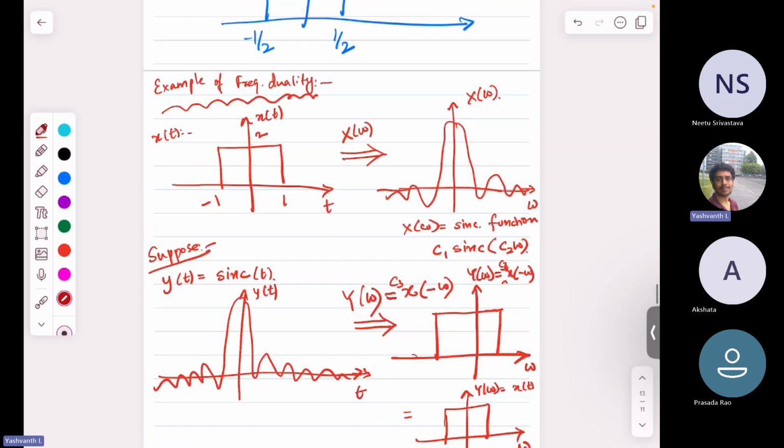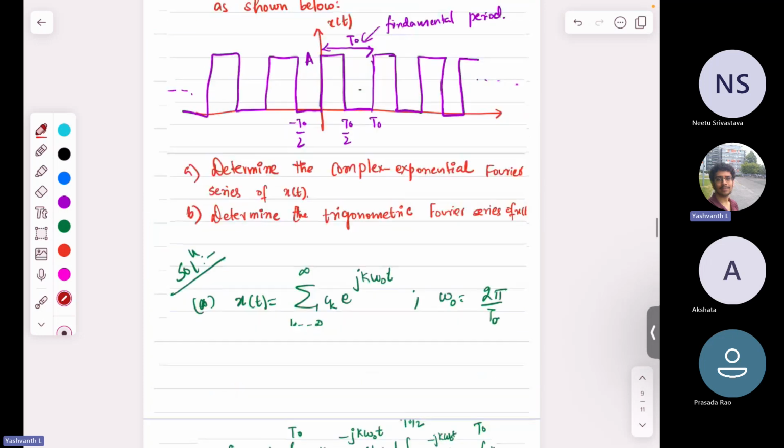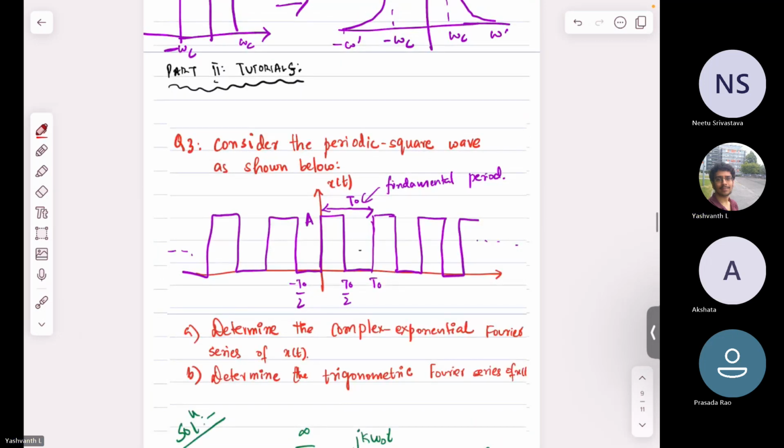On the same note, go back to the previous question. This is precisely an odd signal, because if I take x of minus t, you will get something reversed like this. The complement of this signal will be equal to x of minus t.